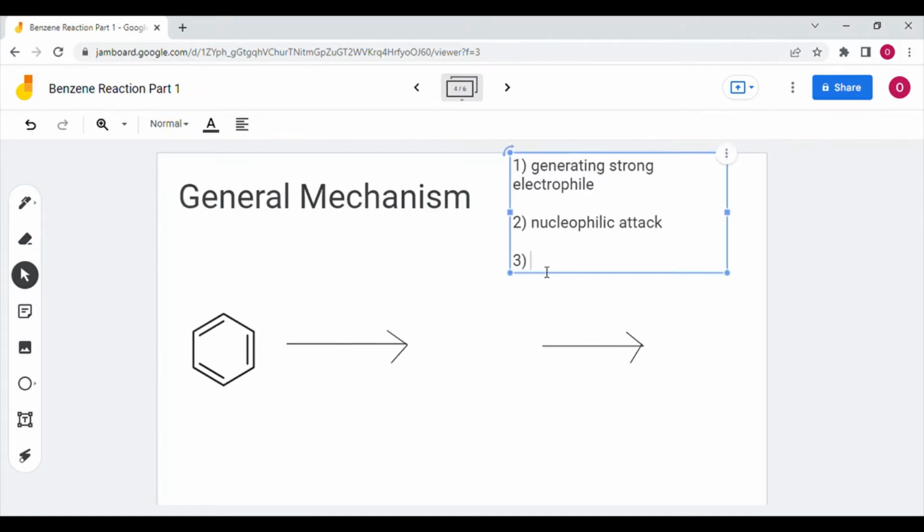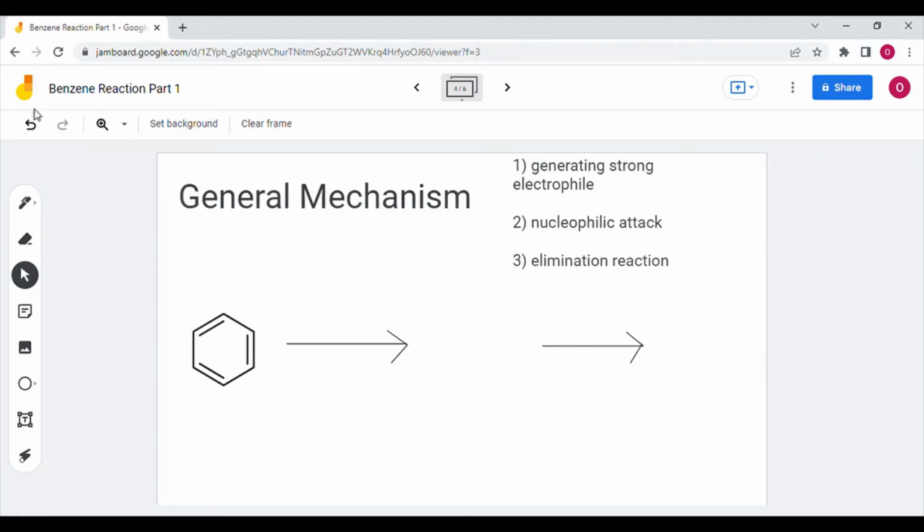The last step is some kind of elimination reaction, in which a base or some molecule deprotonates a hydrogen, thus reforming aromaticity.